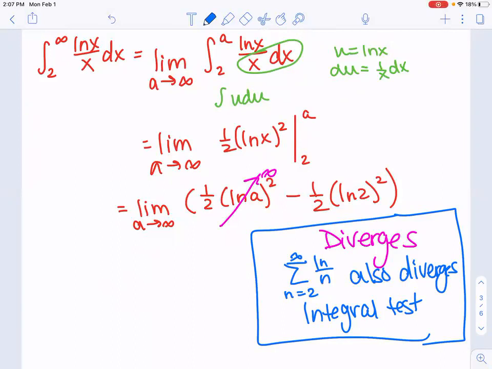Which one, the series or the integral? The integral diverges because our limit is infinity. And if our limit of the fundamental theorem of calculus is infinity or negative infinity, then we say that the integral diverges.